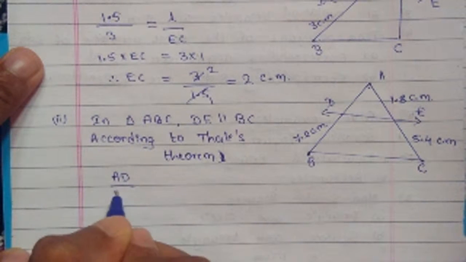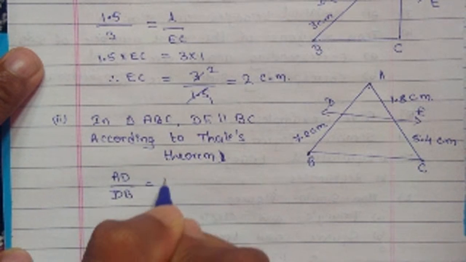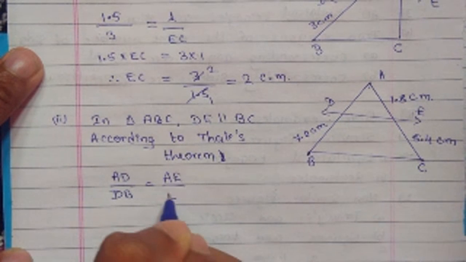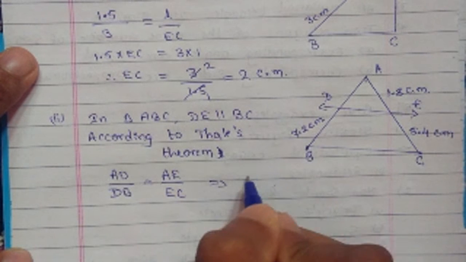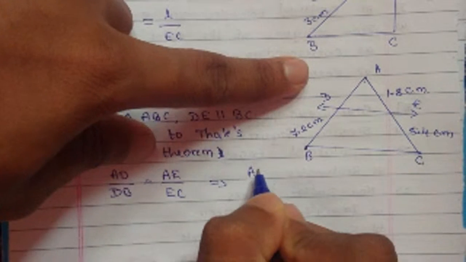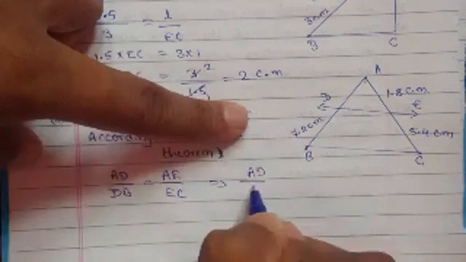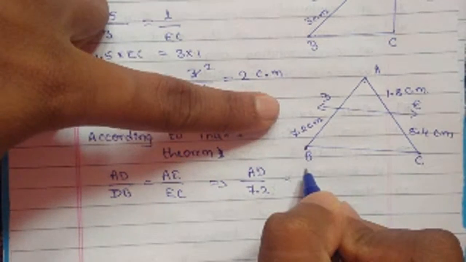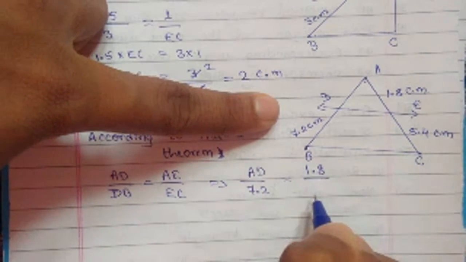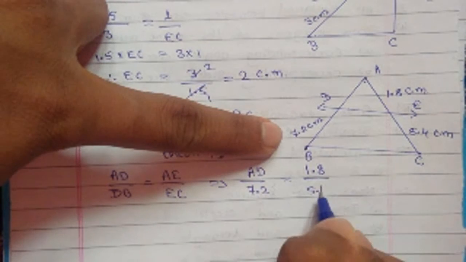Now we have to substitute the values. AD value is unknown, divided by DB value 7.2 centimeter, equal to AE value 1.8 centimeter and EC value 5.4 centimeter.